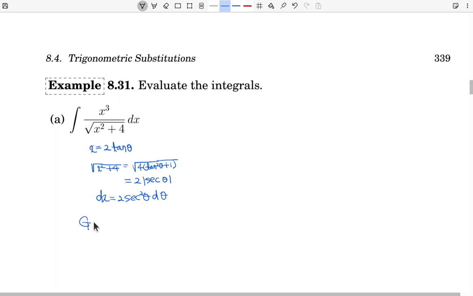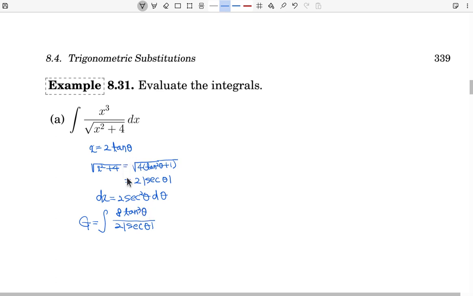The given integral is the same as, on the bottom, 2 sec theta in absolute value, and on top, 8 times tangent cubed theta, right?